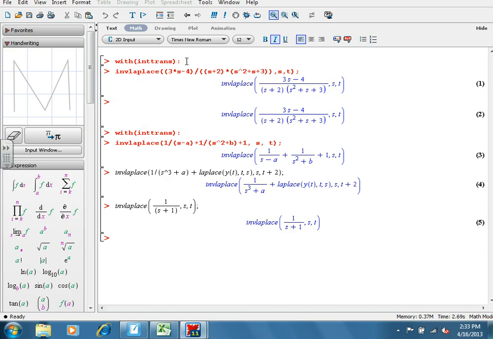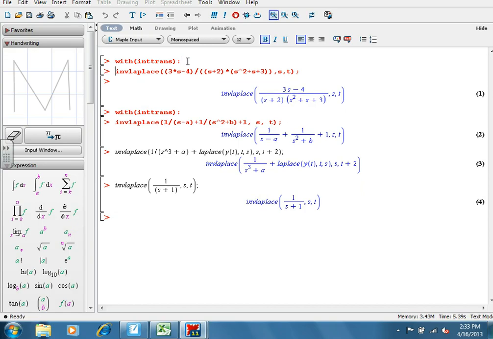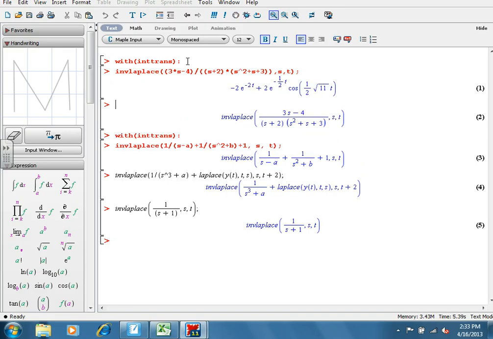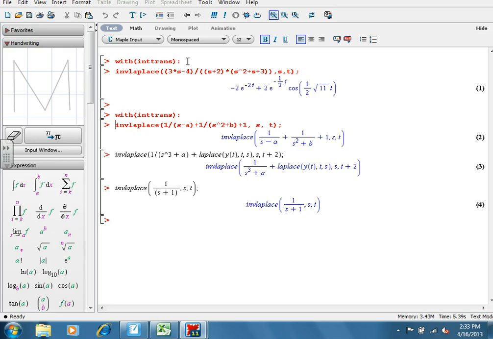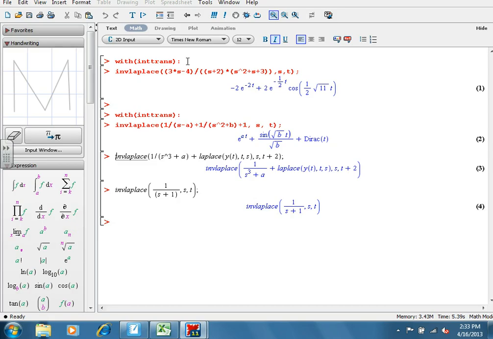Okay. Did I not do this first? You got an answer up there. Oh, I got it. There we go. I must not have done a return on the with Laplace transform line.